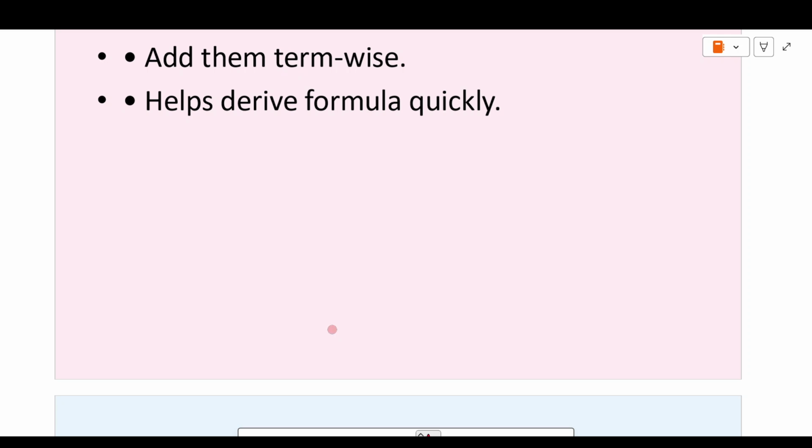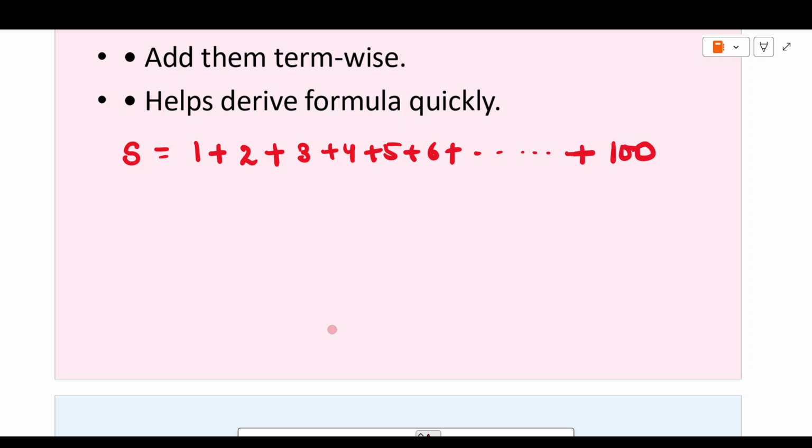When he was just 10 years old, he was asked to find the sum of the positive integers from 1 to 100, right? This is the first 100 positive integers: 1, 2, 3, 4, 5, 6 and so on up to 100, right?